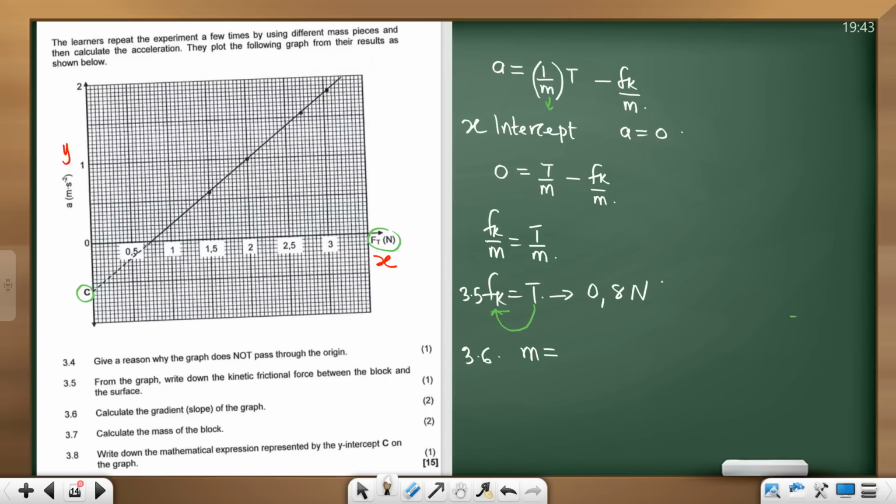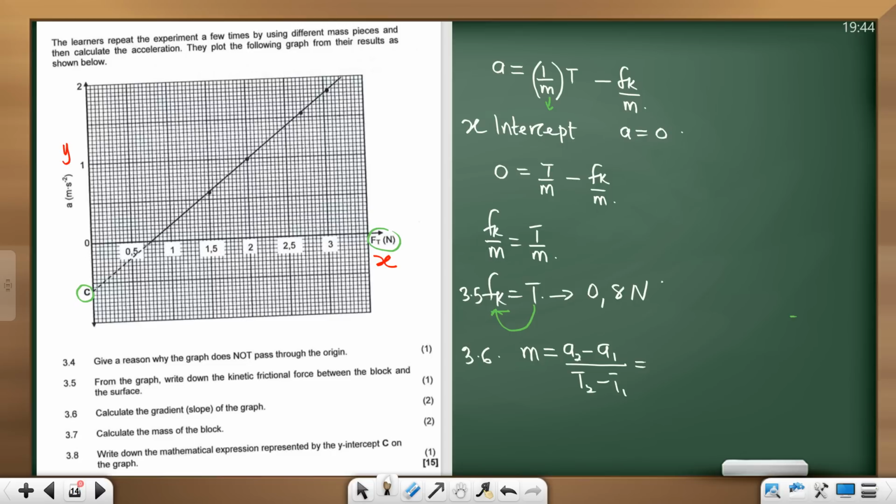M equals, we're finding the slope, right? Remember, gradient: y2 minus y1, which is a2 minus a1, over tension 2 minus tension 1. Give me your values. Give me a2. Any values that you have. I want a2.